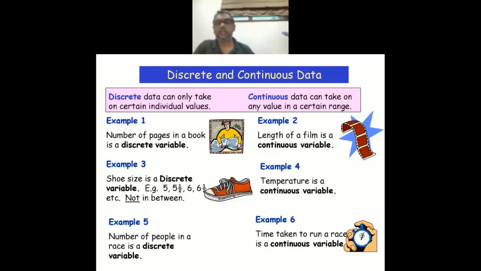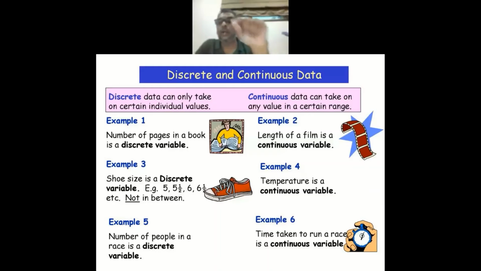Continuous bermaksud continuous. That means you take it regularly. Contohnya temperature, running, kita lari, you ambil continuous. This example number 2, dia ambil gambar dalam filem, or you exercise. These are continuous. You have to do it daily.